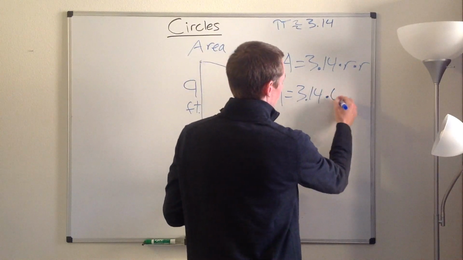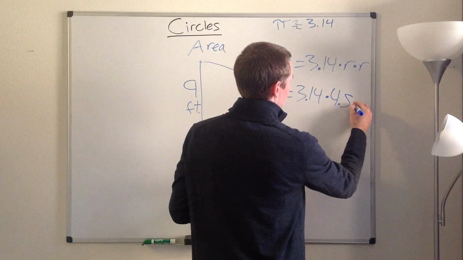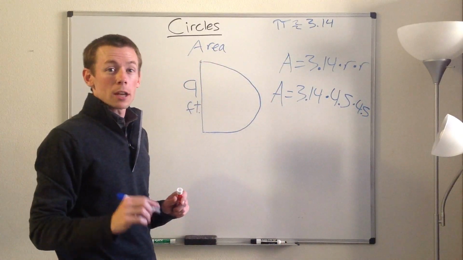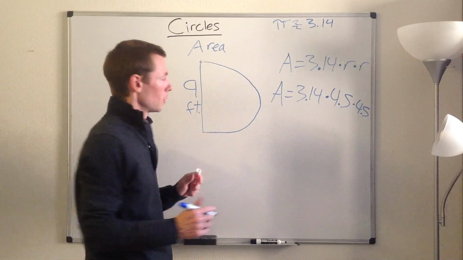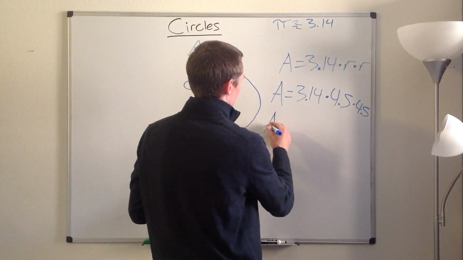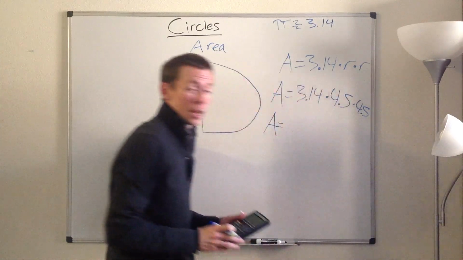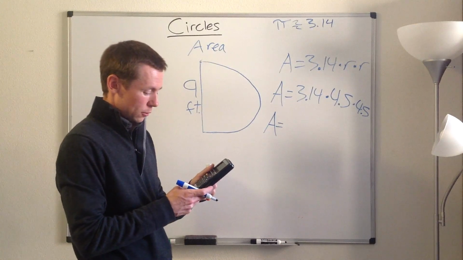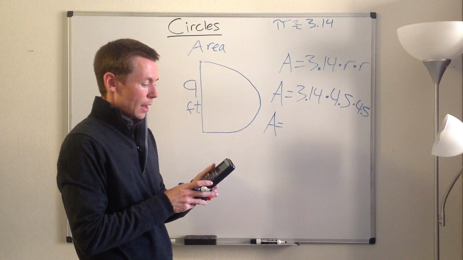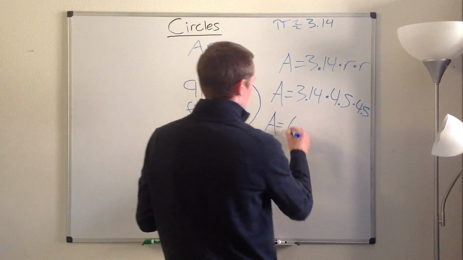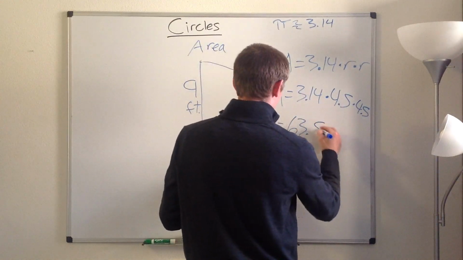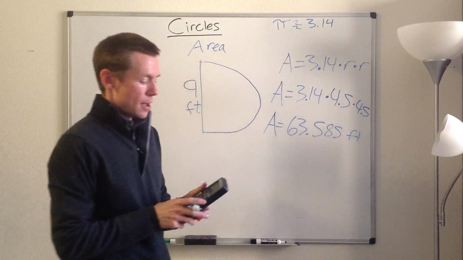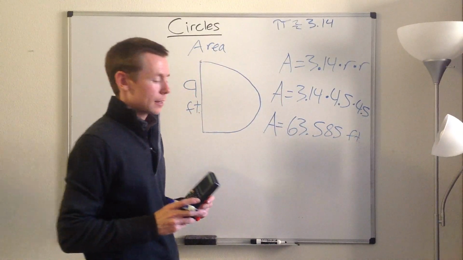So here, 3.14 times 4.5 times 4.5. So we would take our calculator, 3.14 times 4.5 times 4.5, and that comes out to 63.585 feet.